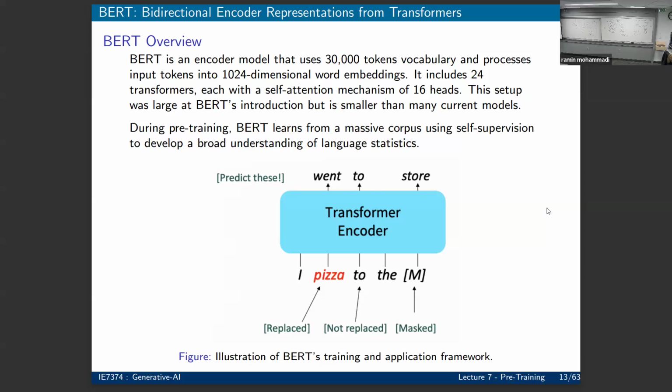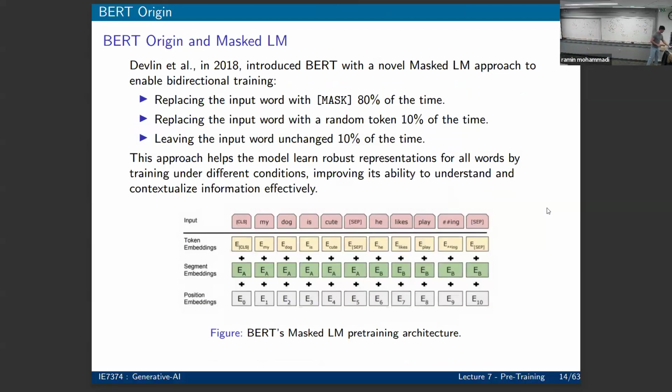And if this one is masked, you leave it empty, you don't know what it is, and the model needs to predict something. You do the same thing over and over again over a large percentage of your data. In the actual paper, I think they used 80% for masking, 10% for random swap, and 10% they keep unchanged. You feed that to lots of layers, large models, lots of training, lots of examples, to get to the point that the model does a really good job at the final output task.